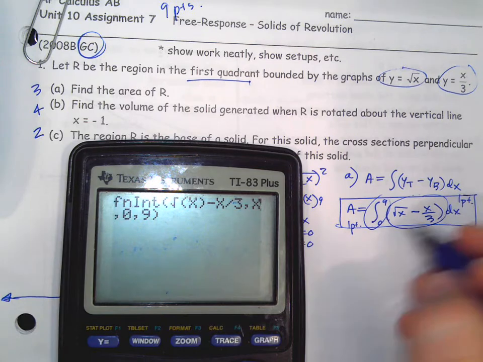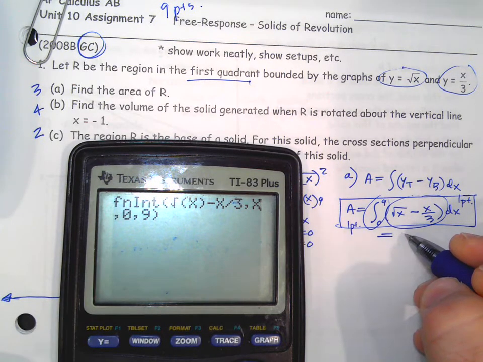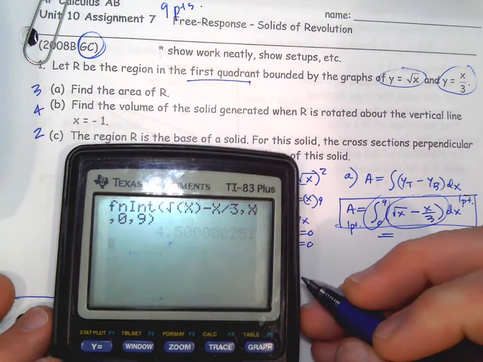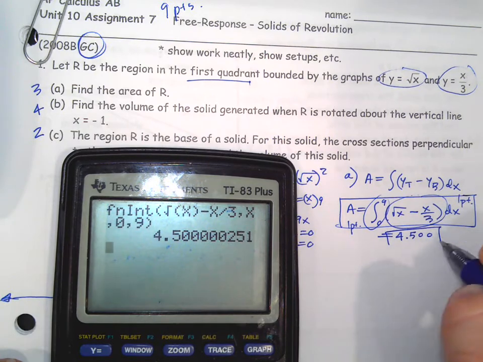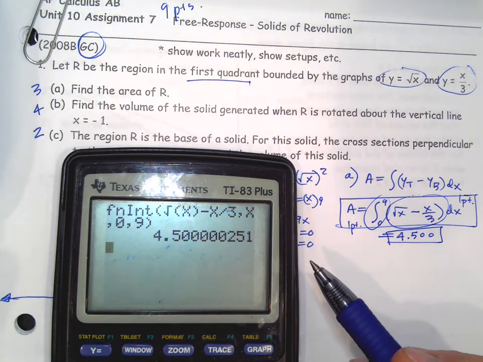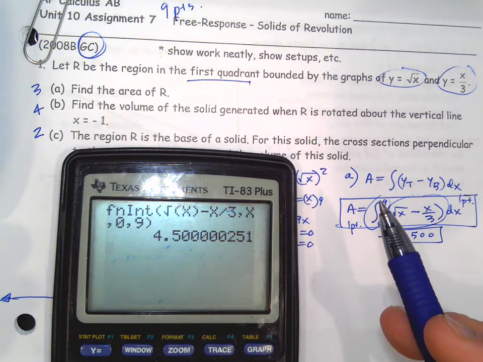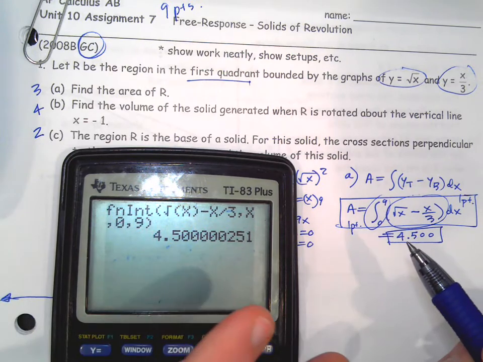That should do it. It's working on it. Okay, so 4.500, three decimals, actually truncated. Now, I bet the exact answer is 4.5, but your calculator's not using exact methods. But it's pretty good. Six decimals, it was accurate.